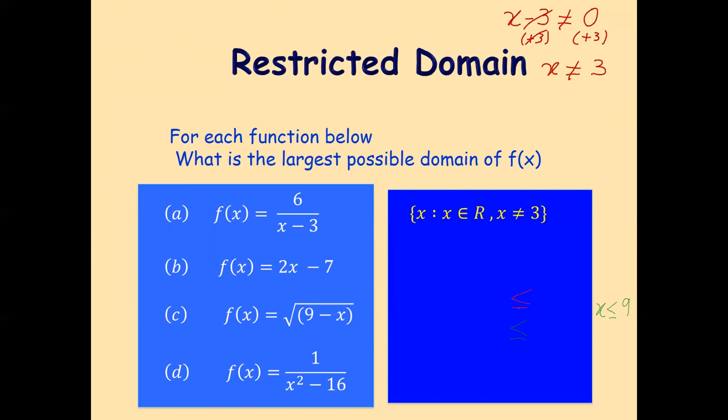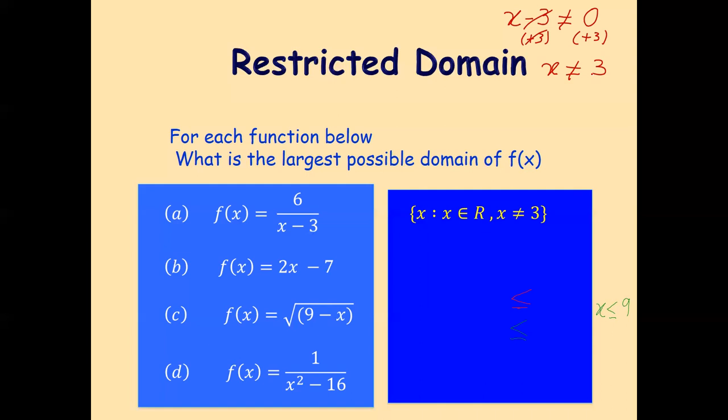Okay, so here I've got a function which is neither a fraction nor a square root. 2x minus 7. Can I use any x's? Remember, it's not a fraction and it's not a square root. That means I'm not restricted. I can use any x's.